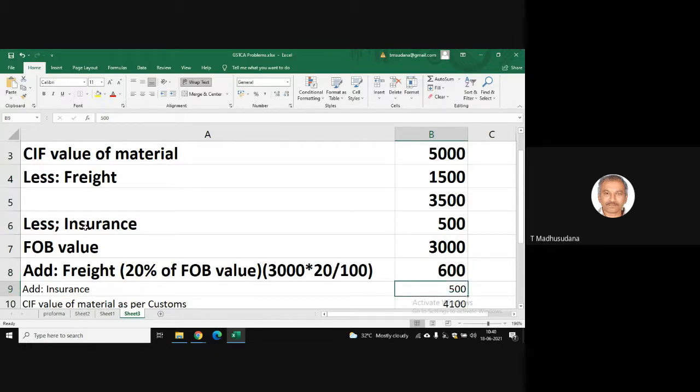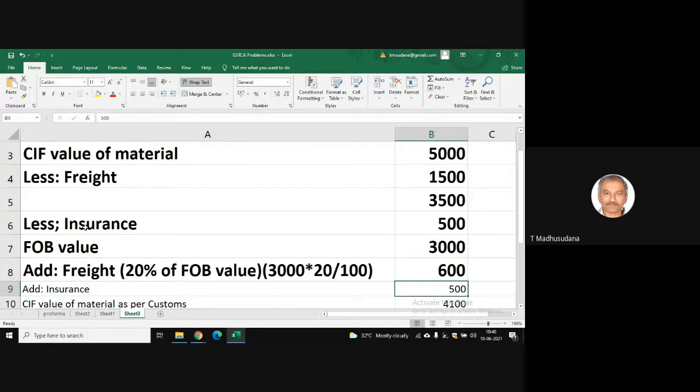Next, insurance. As far as insurance is concerned, if there is no insurance mentioned by the exporter or importer, then the customs officers will add 1.125% of FOB value to the material as insurance.